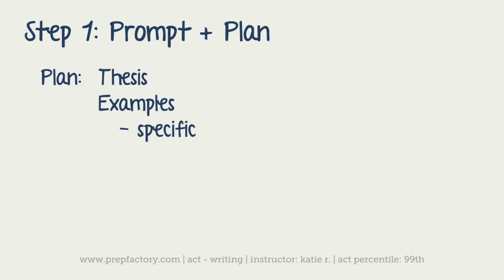If yes, then great, you can be specific on it. If not, choose another example. And then the other thing is, so what? Which is basically, does this tie back to my thesis? Does this matter? Do I care? So they have to be specific, and they have to be relevant to what you're writing about.